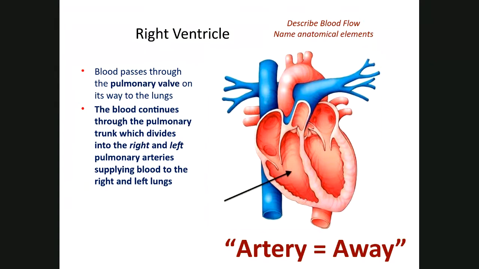It's passed into the right ventricle, and now it's going to go through this pulmonary valve into the pulmonary arteries. So remember, arteries carry blood away from the heart, but in this case, it's carrying that deoxygenated blood. It's going to separate into right and left pulmonary arteries, going to the right and left lungs.